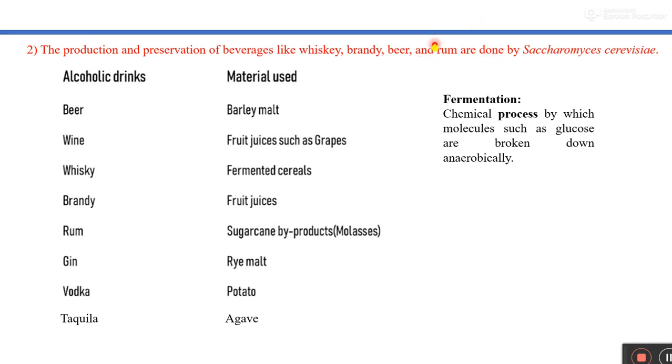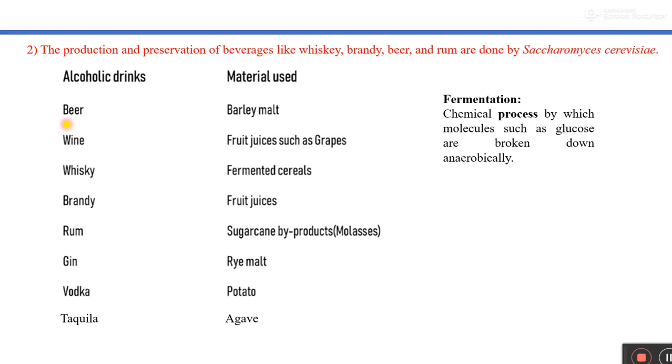These are derived from the process known as fermentation, and the microbe which takes part in this fermentation is Saccharomyces cerevisiae, right? And these are the alcoholic drinks which are derived from the fermentation of these materials, and the fermentation process is performed by the microbe Saccharomyces cerevisiae.